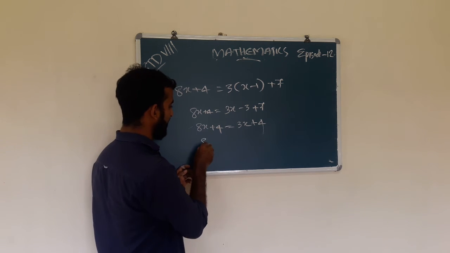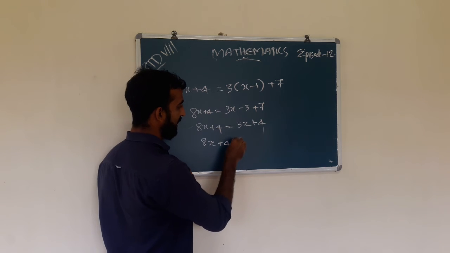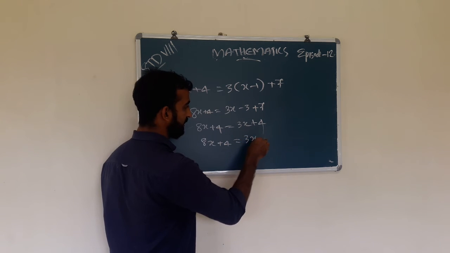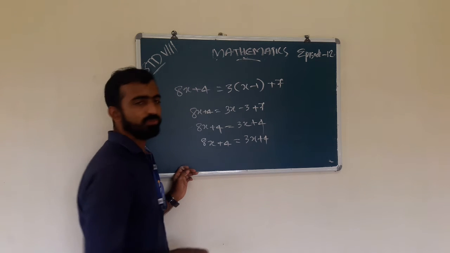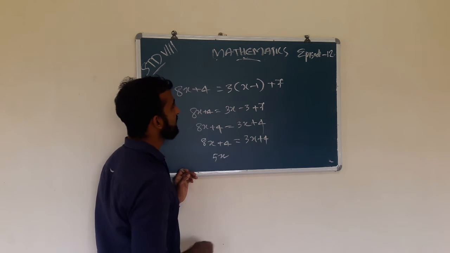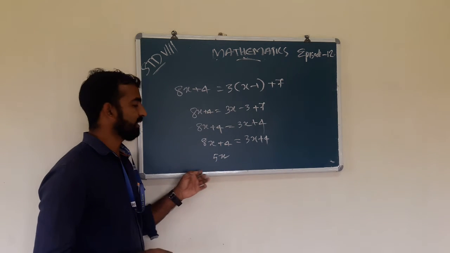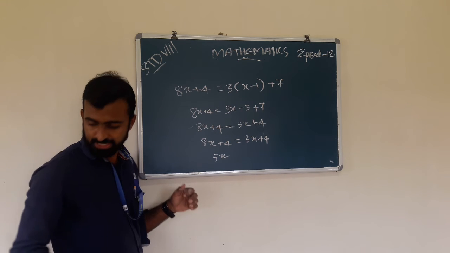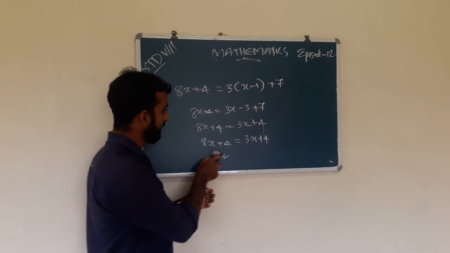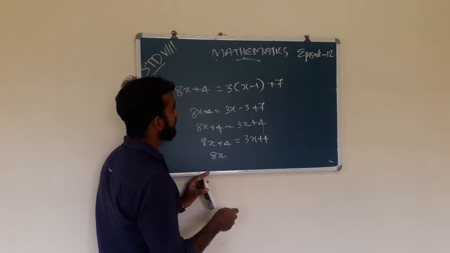That is 8x plus 4 equal to 3x plus 4. The next step is 5x equal to. Why do I write 5x? What is the reason? The reason is 8x.